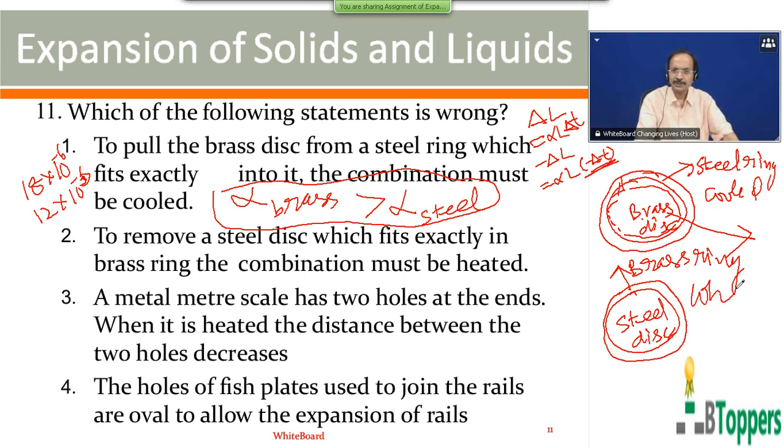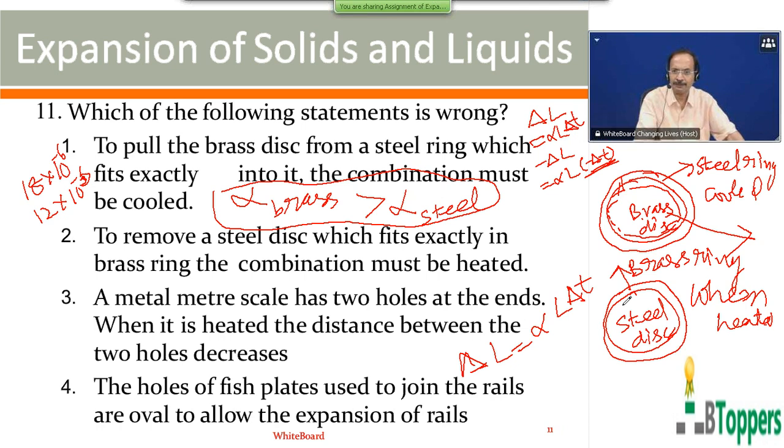But when the system is heated, alpha for brass is more than alpha for steel. So the increase in length, which is alpha into original length into increase in temperature, for the brass ring will be more than the increase in length for the steel disc.